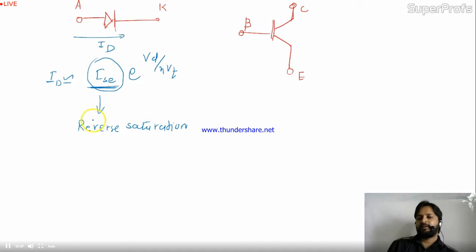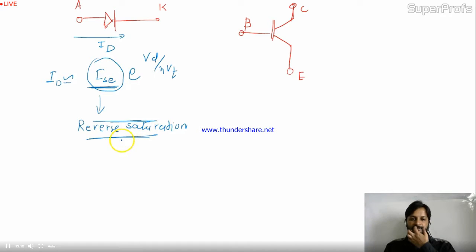When you connect the diode in reverse bias, there will be no current in the circuit, but due to minority carriers and temperature effect, you get some very minute current, and that is the reverse saturation current. So ID in the diode will be the reverse saturation current multiplied by e to the power Vd by eta Vt, where Vd is the voltage across the diode.